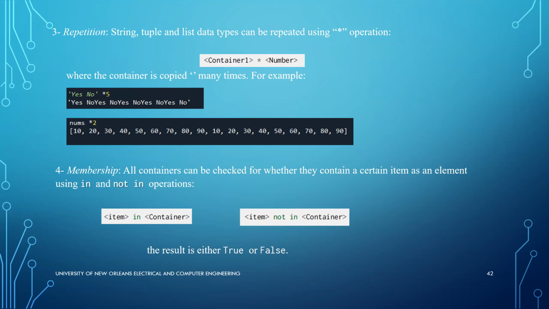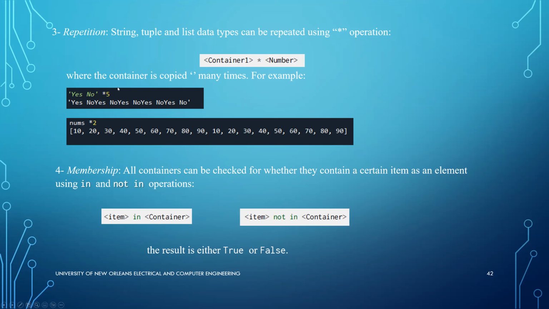Okay, the other action that we can use is repetition. String, tuple, and list data types can be repeated using the asterisk operation. If we have a container, asterisk, and a number, then the container is going to copy as many times as the asterisk indicates.